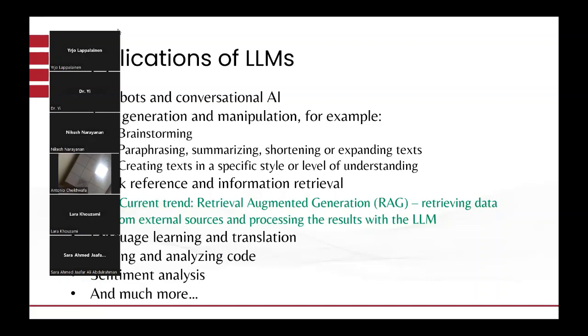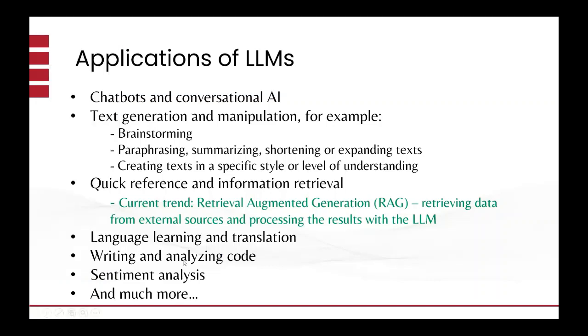You will notice that you can use these for almost anything. These are just a few examples. Obviously chatbots and conversational AI, any kind of text generation and manipulation, especially brainstorming, editing texts, paraphrasing, summarizing, and so on. You can create the text in any specific style or level of understanding.